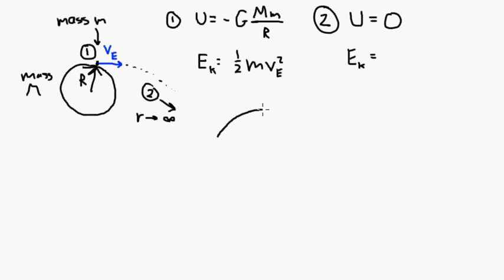So if this is your increasing distance from the planet, increasing R this way, then your potential energy is like this, approaching U equals 0, right? So we just want to be able to get all the way out there, which means we want enough total energy to get as far out as we want. Since U will never be greater than 0, as long as we have 0 total energy, then we can get there. So really what we want is E mech equals 0.